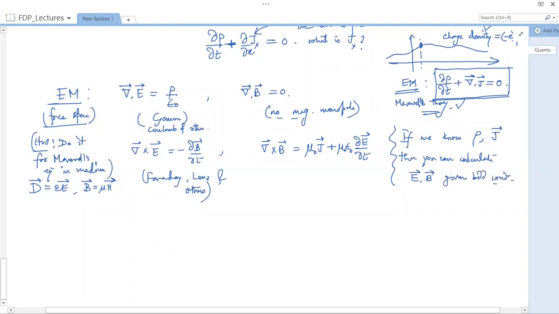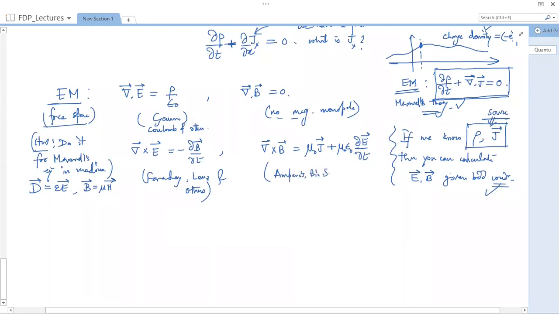These are also partial differential equations with boundary conditions, but once you know this, this is your source basically. This is your source. But this Maxwell's equation is a surprise, and this is known as Ampere-Maxwell's law.